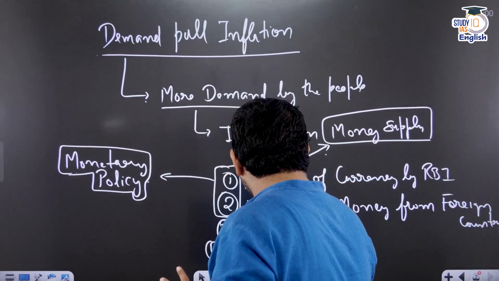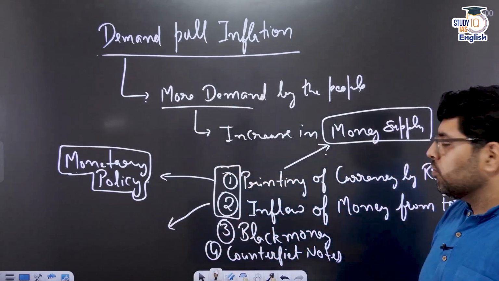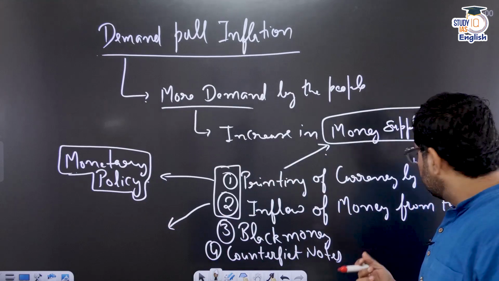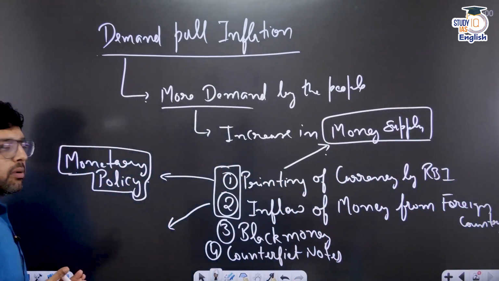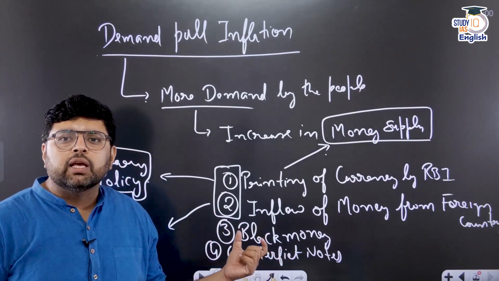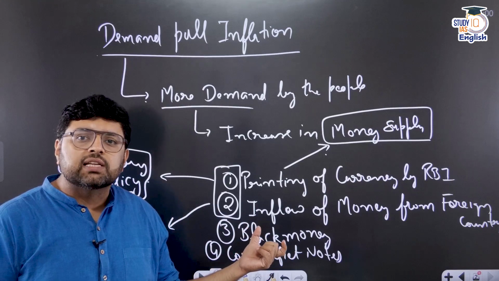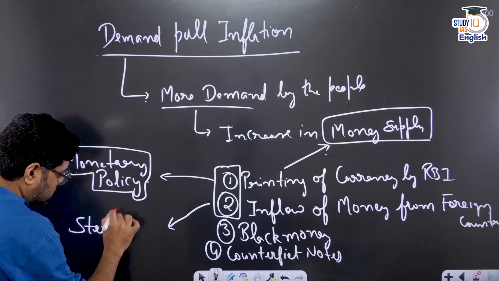Next, when you talk about inflow of money from a foreign country, here again the role of monetary policy is there, but when you refer to the chapter on balance of payment, there you will understand the concept of sterilization. So there is another term, that is sterilization.